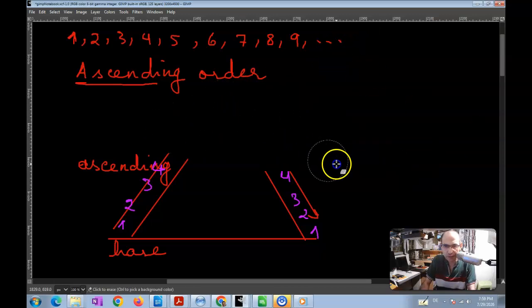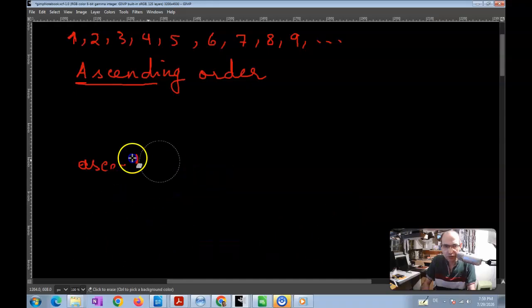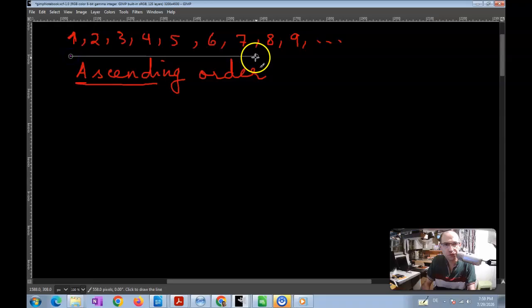So, when you write your numbers in an ascending order, as I mentioned before, as you move from the left towards the right, the numbers are getting larger and larger, right? Now you can use this property of this list in order to compare your numbers.